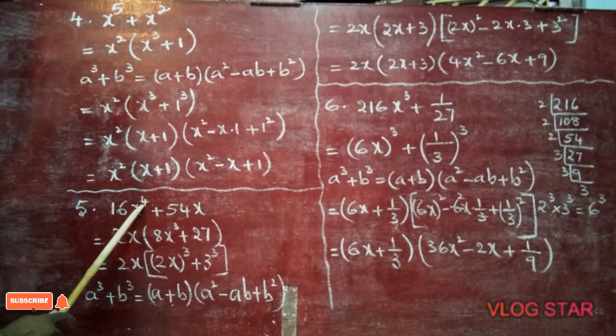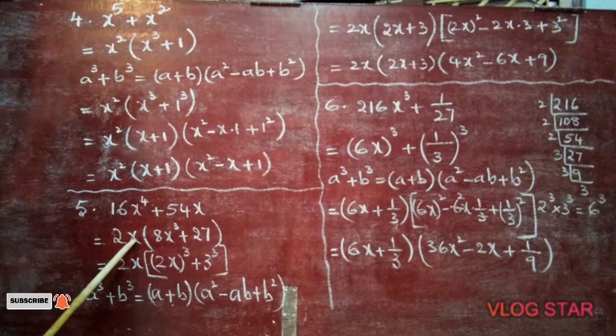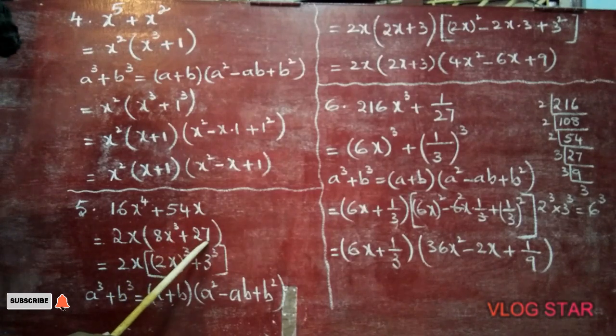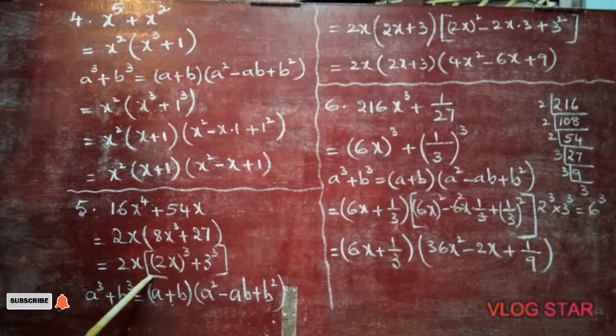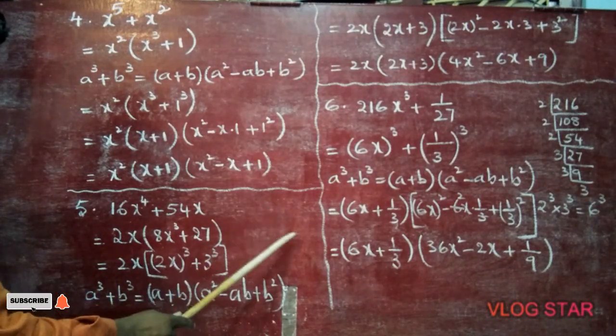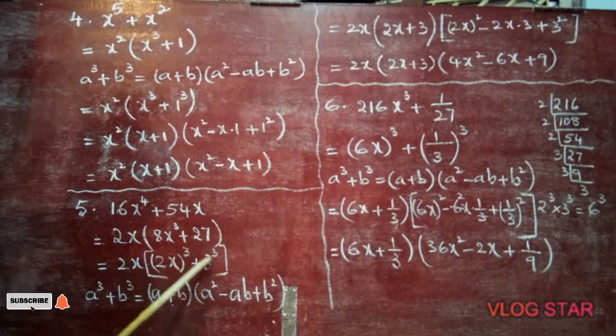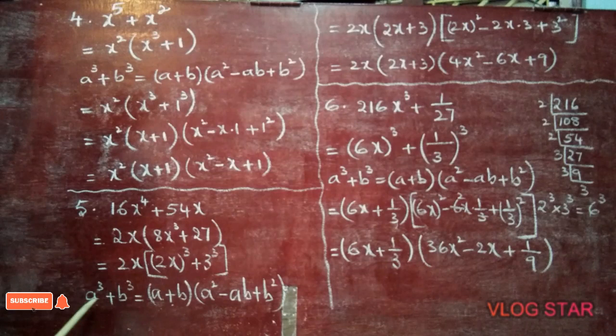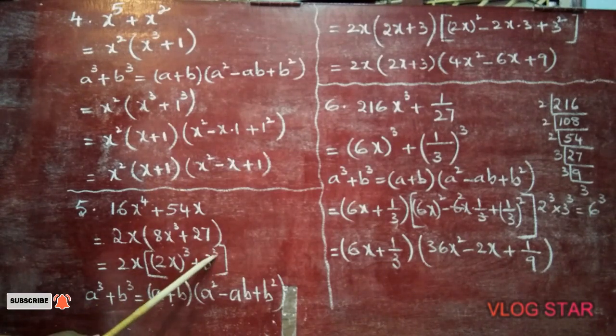Out of here x to the 4 is there, x I have taken outside, so x cube is remaining. Plus 2 goes in 54 27 times. So 2x into 8x cube I am writing as 2x whole cube. Find factors for 8. Next 27, 3 cube. Find factors for 27. Now we got a cube plus b cube formula.